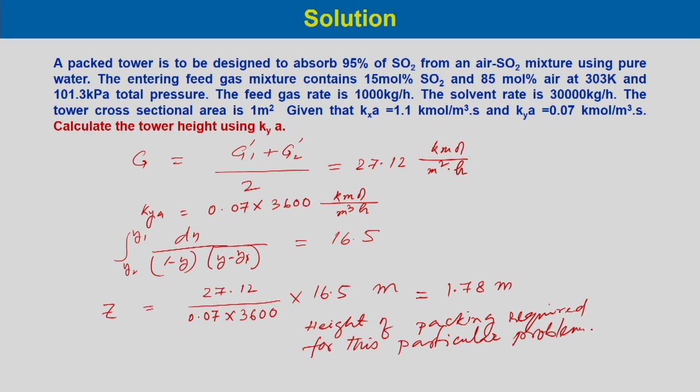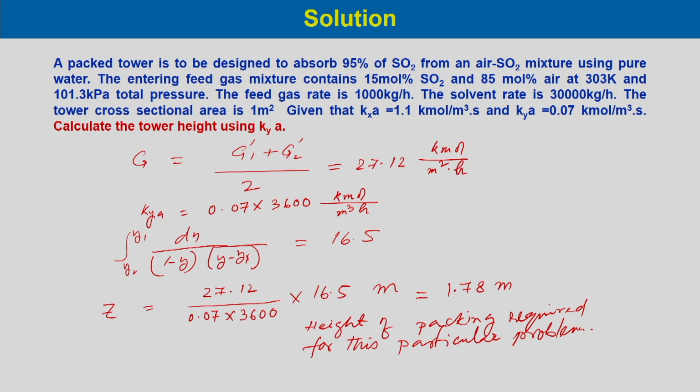So, we have seen how to design based on the individual mass transfer coefficient method, and we calculated the height of packing required for a given separation, considering different parameters to calculate the interfacial concentration, how to obtain the tie line, and then how to plot it, how to get the sets of data to plot the area under the curve, and we finally obtained the height of the packing.